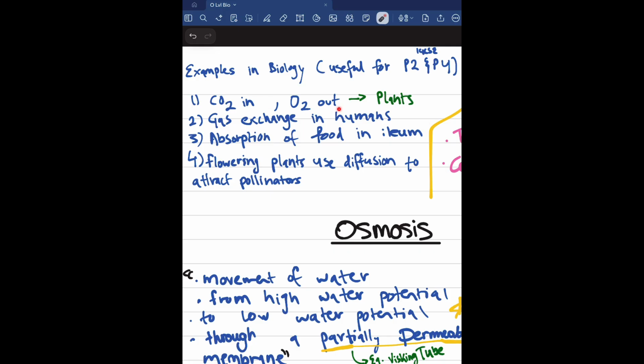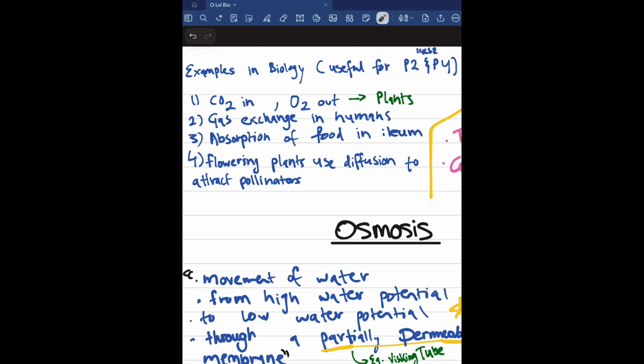First is CO2 in, O2 out, the basic concept of a plant's photosynthesis. Secondly, gas exchange in humans. So basically you inhale, I mean, you don't entirely inhale oxygen and exhale carbon dioxide. You inhale air in and you exhale air out, which have specific compositions of CO2 and O2 that we would definitely discuss in the further chapters.